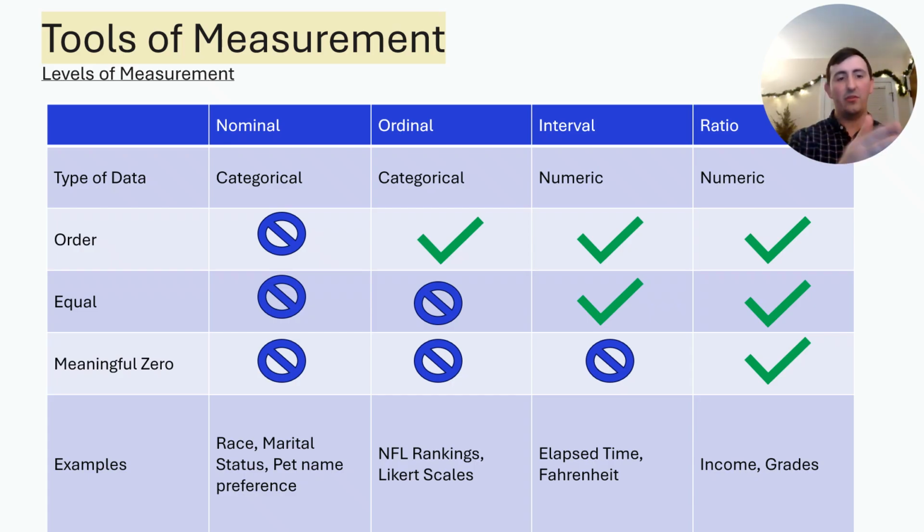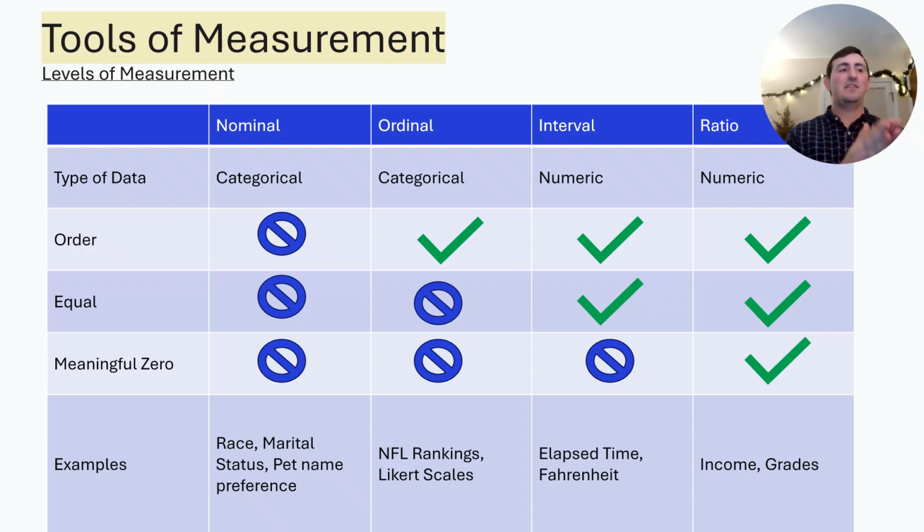So you can see here on the left side, order, equal, and meaningful zero. What do those mean? Order means does this kind of data have an order to it? And obviously with nominal data, no. Race is just race. Marital status is yes, no, something in between. And pet name preference is just that.